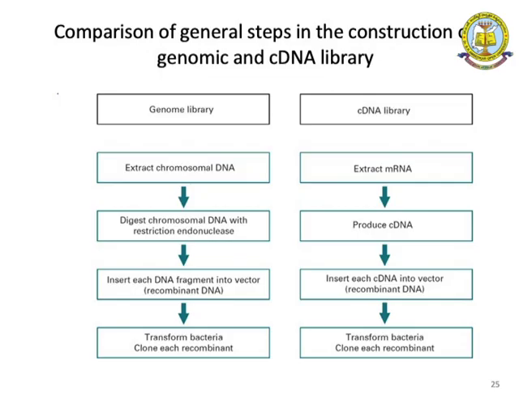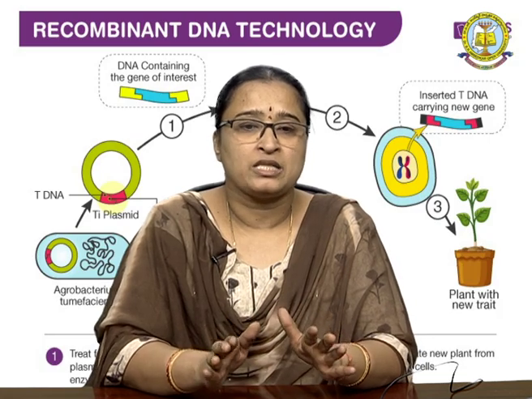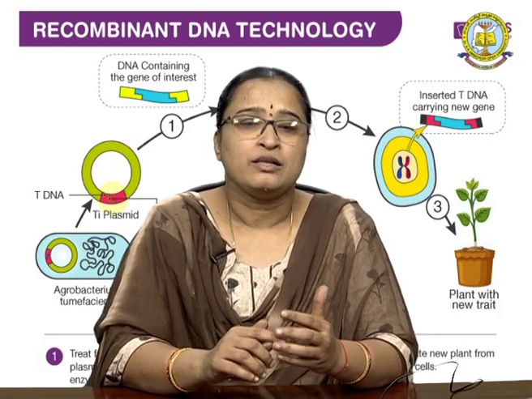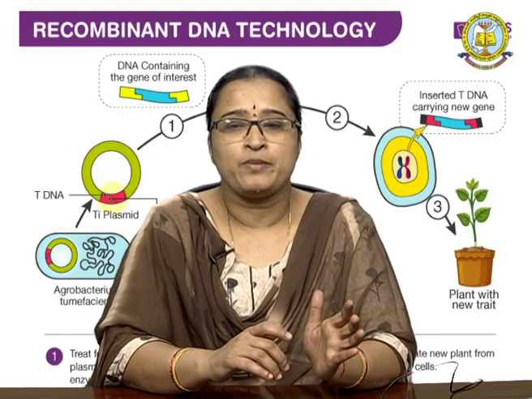Next, digest the chromosomal DNA with restriction endonucleases. Next, insert each DNA fragment into a vector, which is the recombinant DNA. After the recombination is complete, transform the bacteria and clone each recombinant. This is the genomic library.